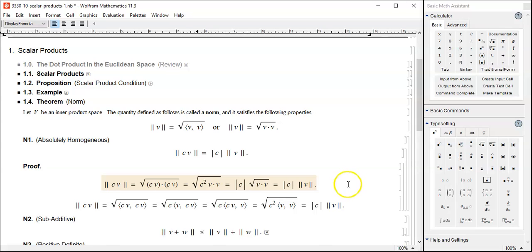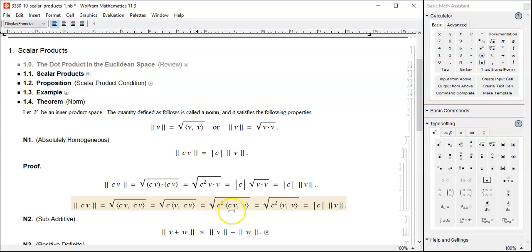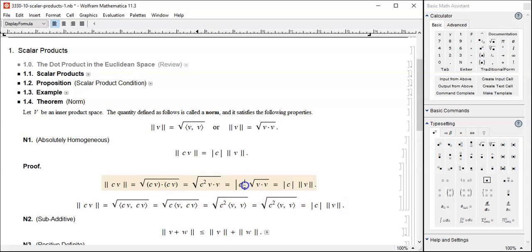What if you prefer to use this triangular bracket notation? Okay, let's do that. cv comma cv, and then take c out, and then another c out. Here I changed the order and then took it out. I didn't have to do that, although that makes it slightly more perfect.